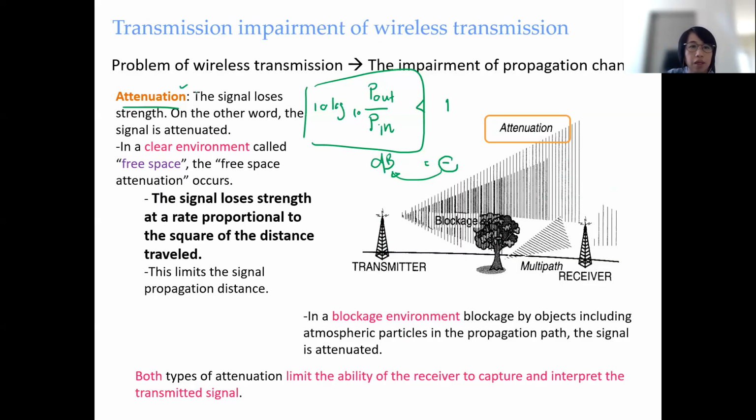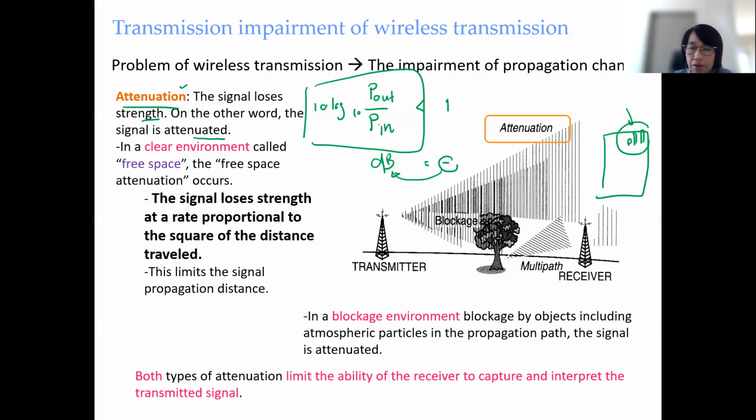As the definition, it is a loss of signal strength, and strength here can be represented as power. In other words, the signal is attenuated. So we cannot avoid this situation. You can imagine that when you use your mobile phone and you are very close to the base station, you can see bars representing how strong the signal is.